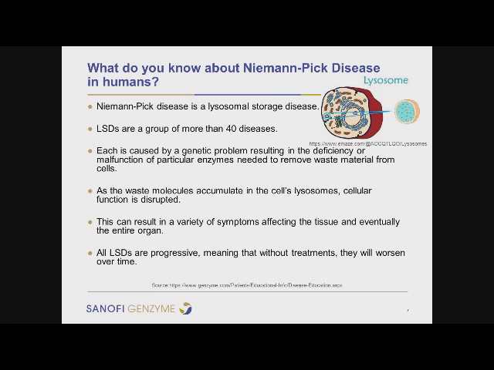As the waste molecules accumulate in the cell's lysosomes, which are little organelles within particular cells, the cellular function can be disrupted. And this can result in a variety of symptoms depending on which cell type is affected and what tissue is affected. Eventually, it will affect the entire organ. All LSDs are progressive, and that means that without treatment, they will worsen over time.